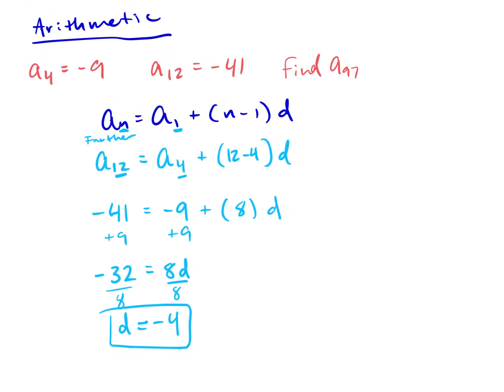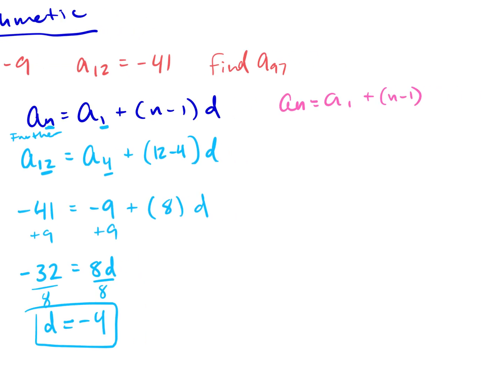So now that we found d, what can we do next? Plug it back in. So we have a sub n is equal to a sub 1 plus n minus 1 times negative 4. Now we still don't know what a sub n or a sub 1 is, but what could I do? I can plug in either a sub 4 or a sub 12 into the a sub n spot.